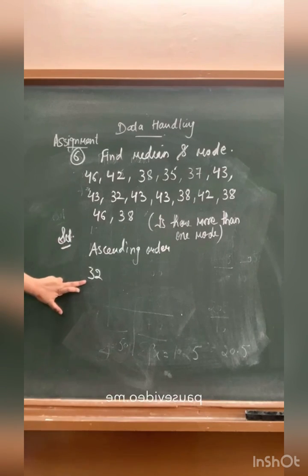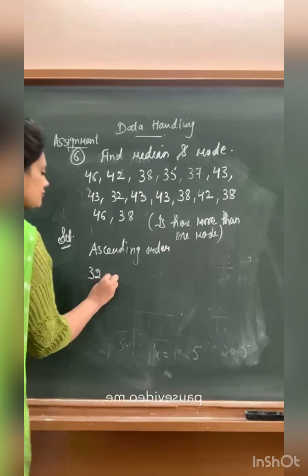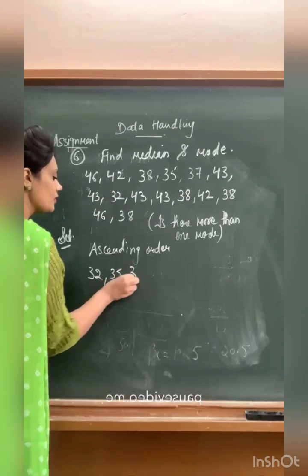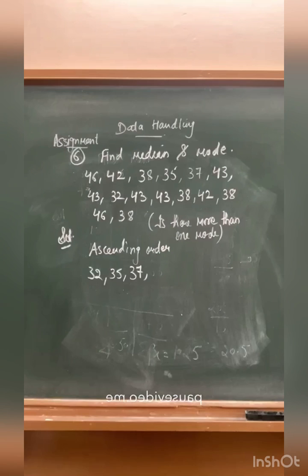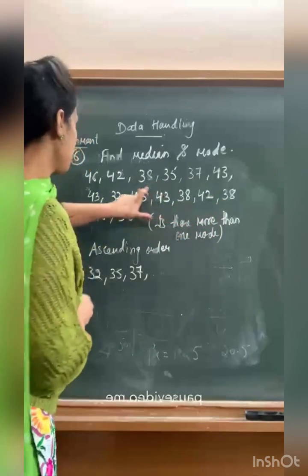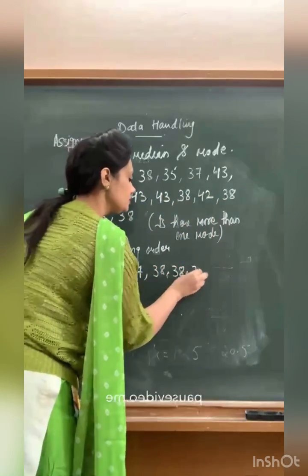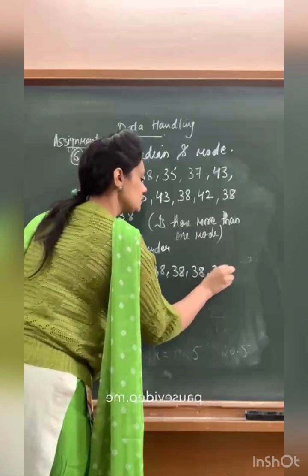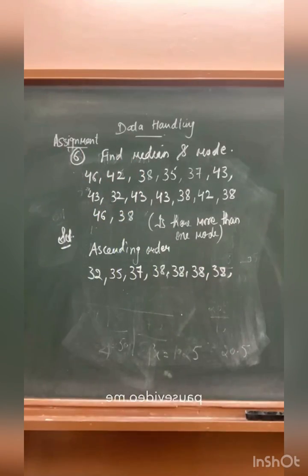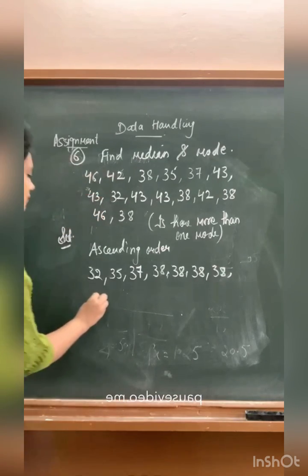So the smallest number is 32, then we have 35, 37, 38 is coming 4 times, 1, 2, 3 and 4. So 38 we will write 4 times. Then we have 42, 2 times.